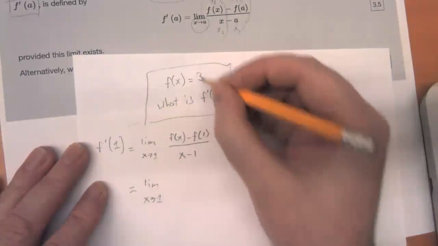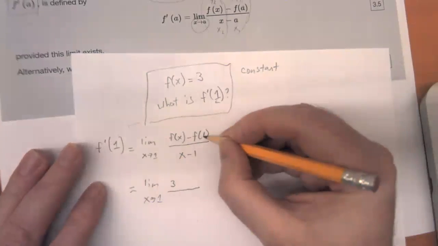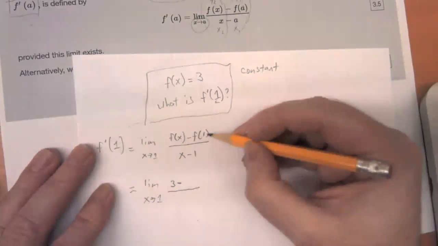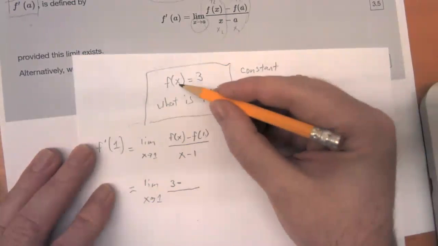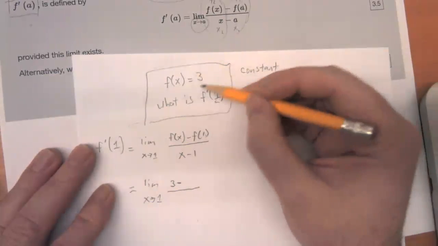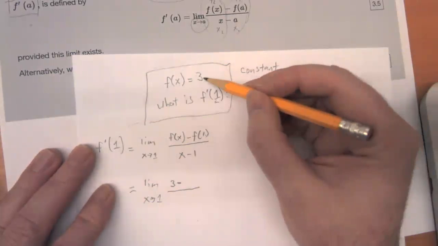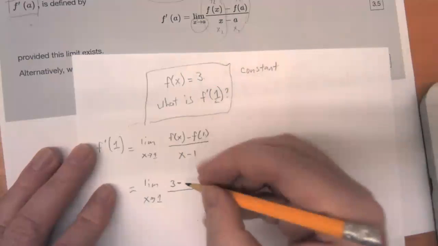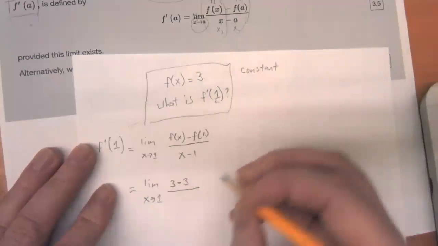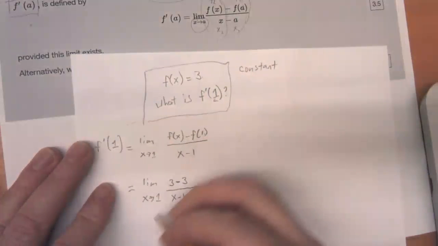So f of x is equal to 3. And what is f of 1 equal to? When you put 1 into this function, what is the output? Well, we substitute 1 in for x, but there is no x here. So when x is equal to 1, f is equal to 3, no matter what x is. So f of 1 is equal to 3, over x minus 1.